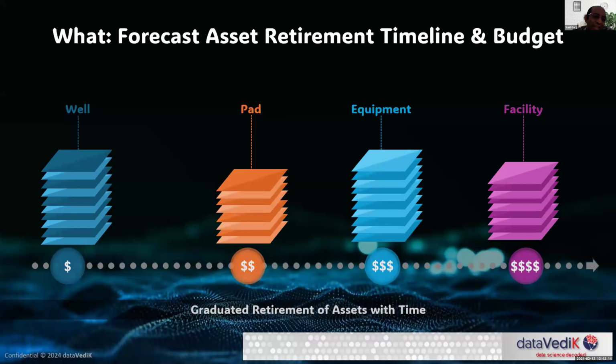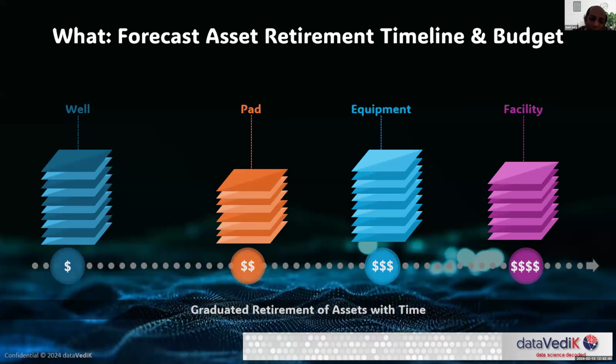Then as the wells associated with a pad get abandoned, at some point you have no active well on a pad, so it is time to retire that pad. Along with the retirement of the pad, the associated equipment and facilities, compressors, and pipelines all need to be abandoned or retired as well. And that's why the timeline looks exactly like this.